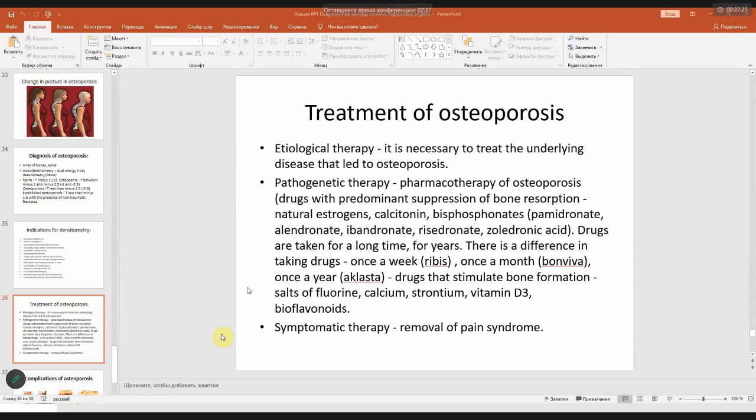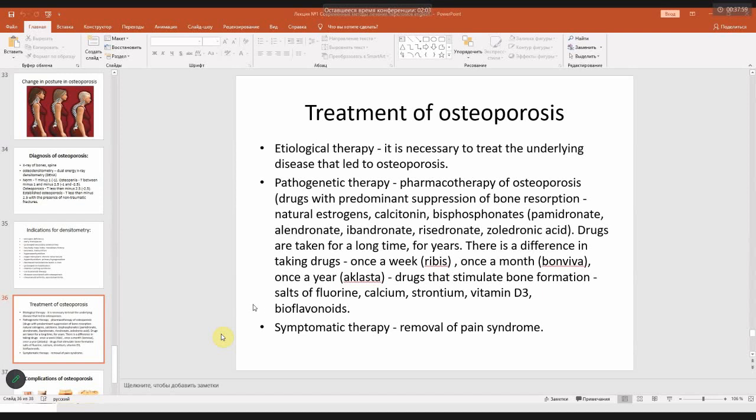Pathogenetic therapy, pharmacotherapy of osteoporosis: drugs that inhibit bone resorption, natural estrogens, calcitonin, bisphosphonates: pamidronate, alendronate, zoledronic acid, and so on.